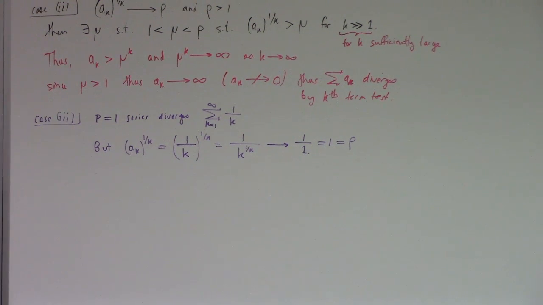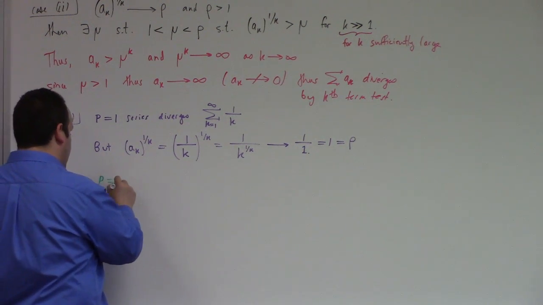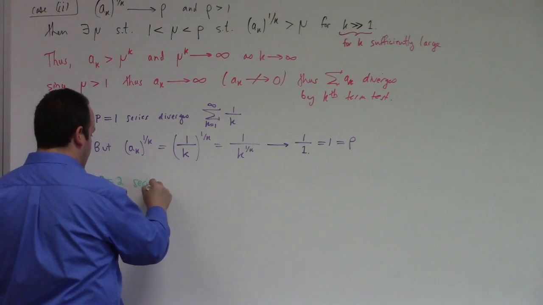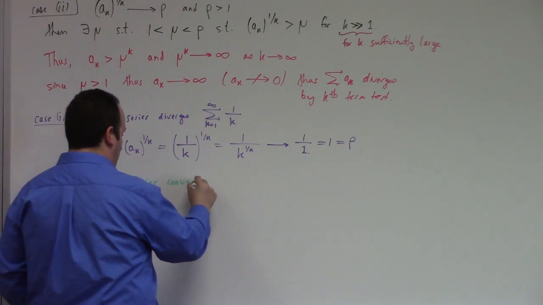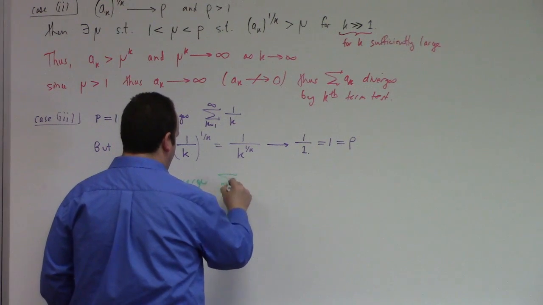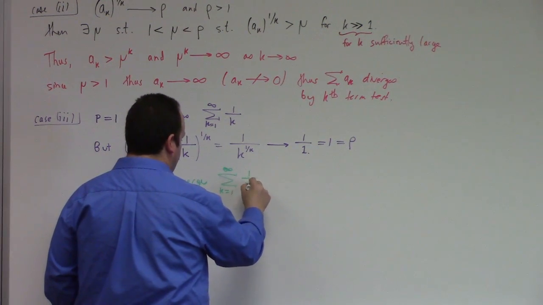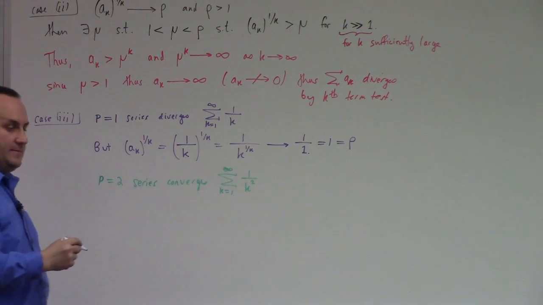What's an easy case of a convergent thing? How about p equals 2, right? The p equals 2 series converges, and the p equals 2 series is in particular the sum of 1 over k squared, k equals 1 to infinity, all right?